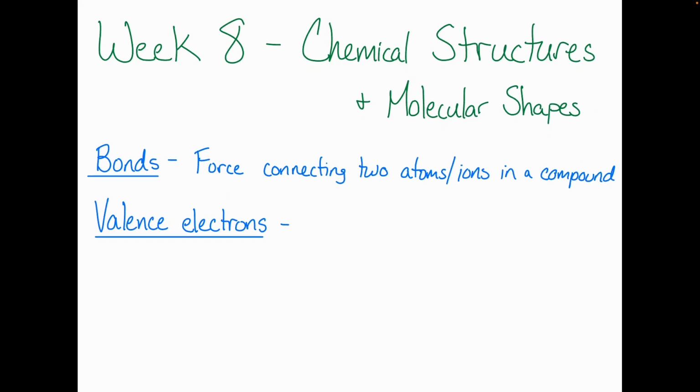All right? Valence electrons are a type of electron in an atom, and they're really important because these are the electrons that are participating in chemical bonding.